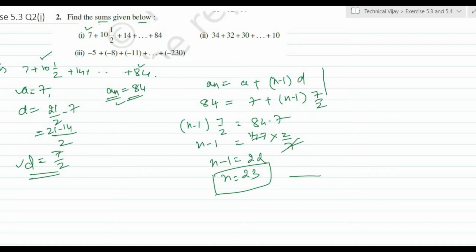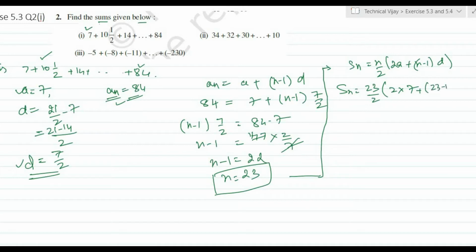So now we will solve for the sum of this series. Here Sn is equal to n divided by 2 into 2a plus n minus 1 into d. So Sn is equal to, n means 23 divided by 2, 2 into 7 plus n means 23 minus 1 into d means 7 by 2.